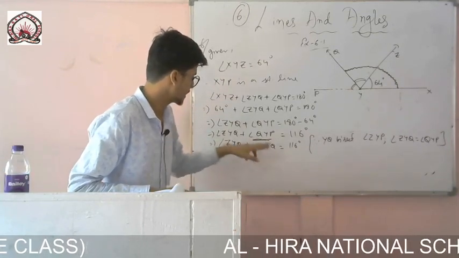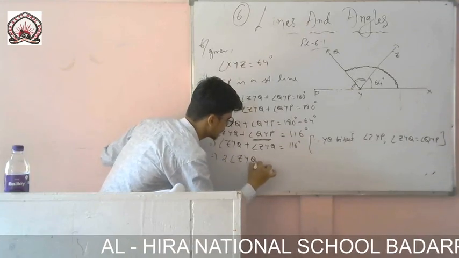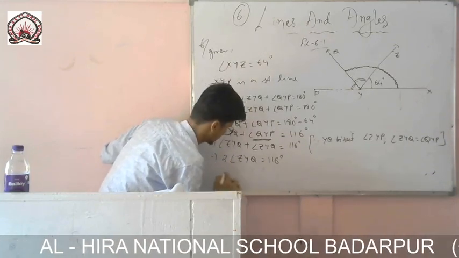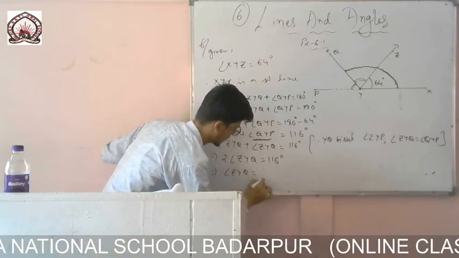So these two angles are the same, that means I can write twice angle ZYQ is equal to 116 degrees. So that means ZYQ will be equal to 116 by 2.